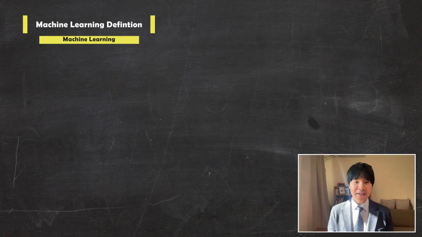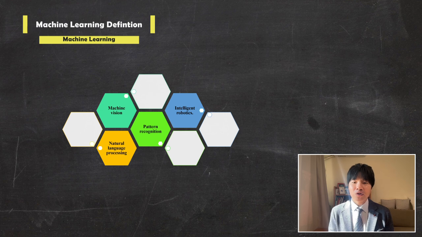Okay, welcome back. After watching the video, we learned that machine learning is the core technology of artificial intelligence and one of the fundamental ways to equip our computers with intelligence. Machine learning has been applied to various approaches to artificial intelligence, such as natural language processing, pattern recognition, machine vision, and intelligent robots.